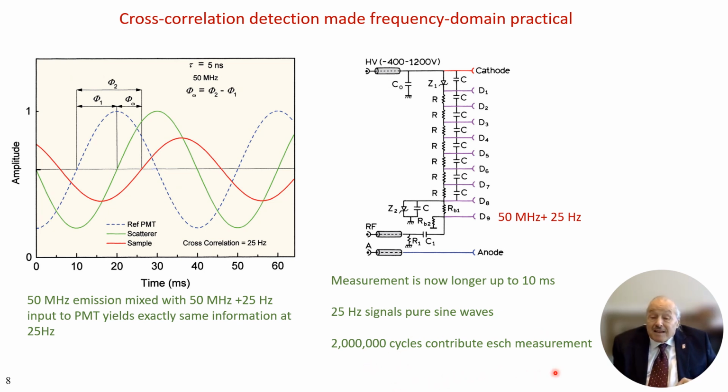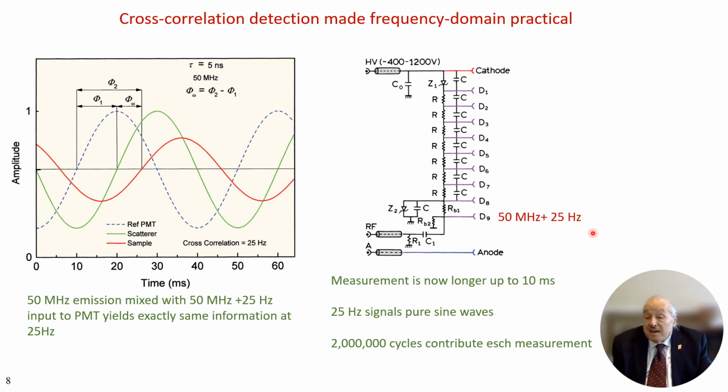And the thing that I like the most is that many cycles of the high frequency signal contribute to each one of these low frequency phase and modulation measurements. And I think that provides great accuracy.